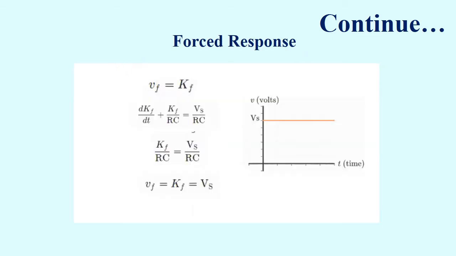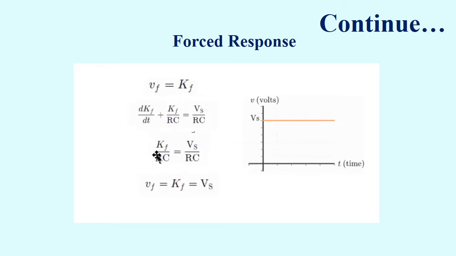So now if we consider the forced response of the RC circuit, firstly we will consider the voltage to be some constant value which is denoted as Kf. Then we will apply Kf in equation number 1. So we have this type of equation. If we take the derivative of the constant term, then the answer is 0.